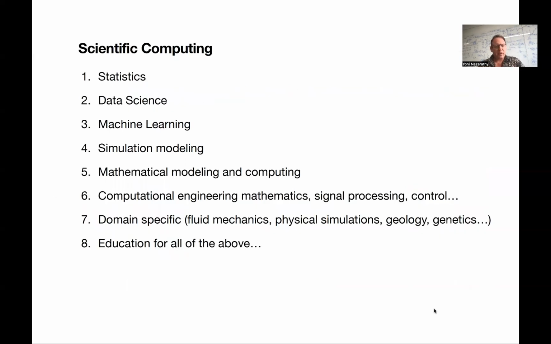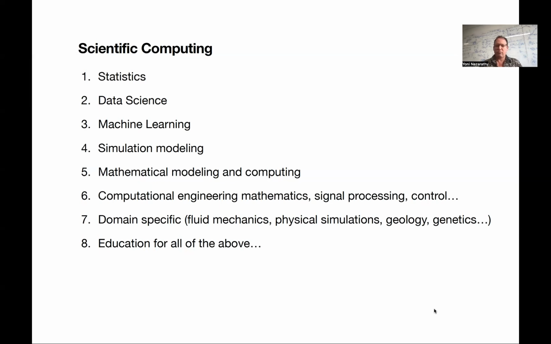So scientific computing, what is scientific computing? It's a very broad term. It might include statistics, anything that has to do with statistics or computational statistics, or more generally data science, processing of data, analyzing data, data-based models, etc. And machine learning, deep learning, artificial intelligence, that is part of scientific computing as well.